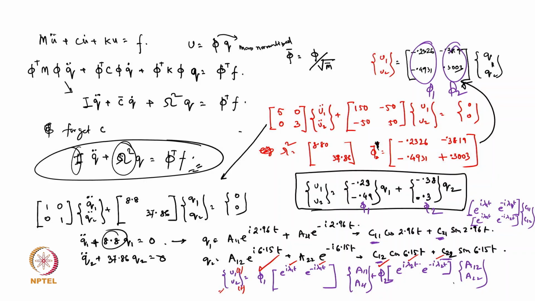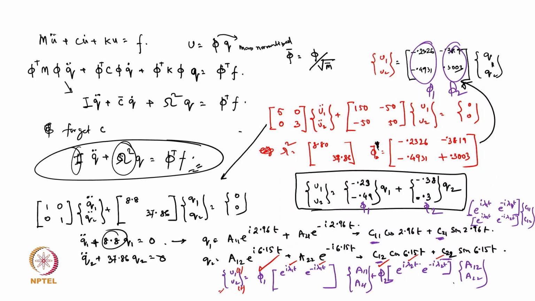Make sense? Any doubt in that? Any doubt? Anybody? Okay. If you do not have any doubt, then try to think about what we have done. That is mathematically correct. What have we done physically?